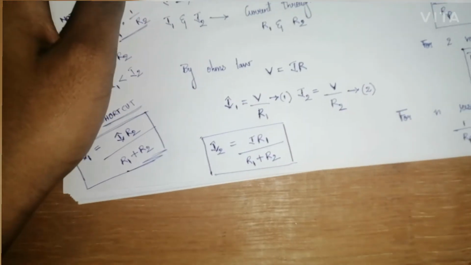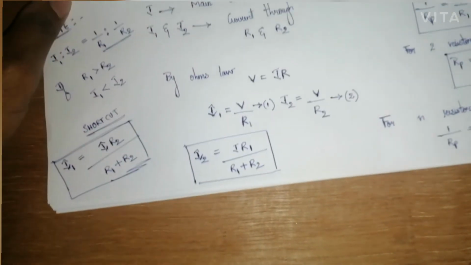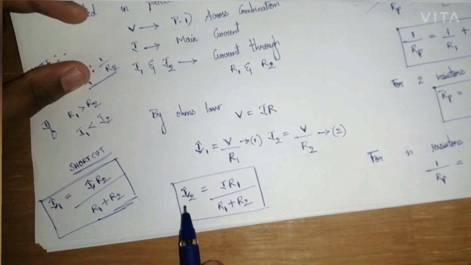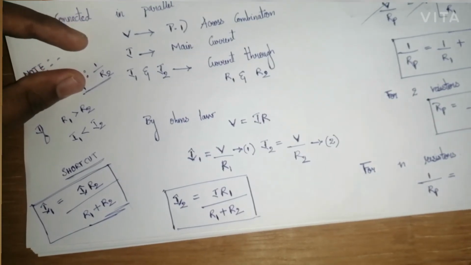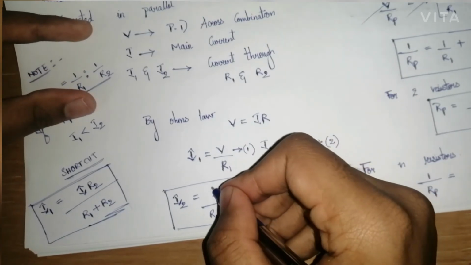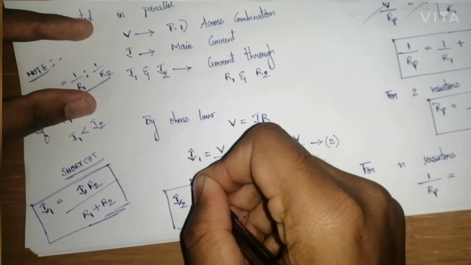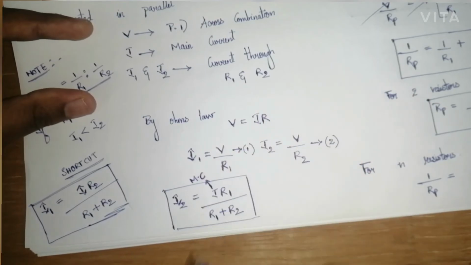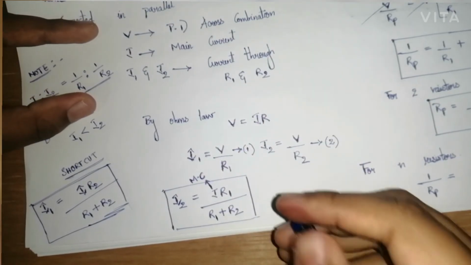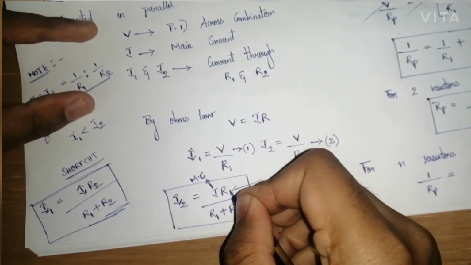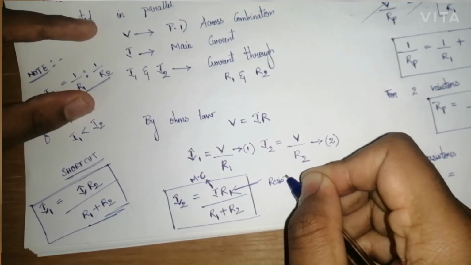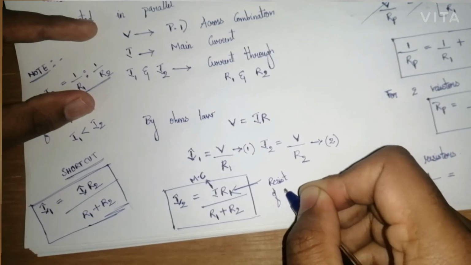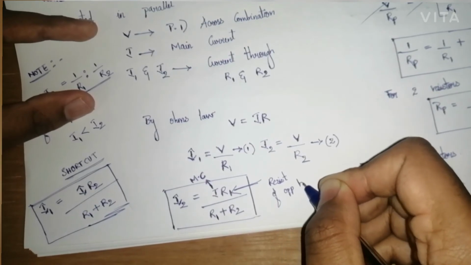You can basically tell current in one branch, that is I1 or I2, is equal to the main current, I'll write it as MC, into resistance of the opposite branch.